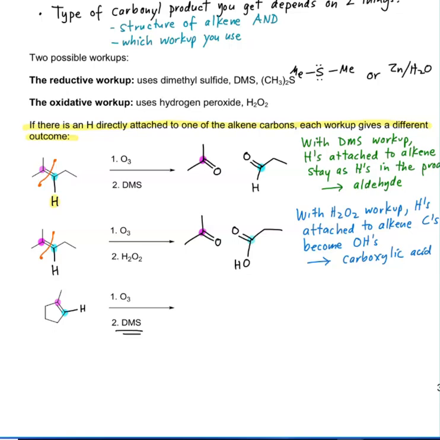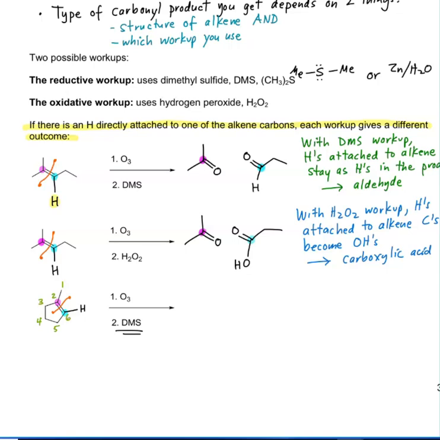Because we're using a DMS workup, remember that means that hydrogen is just going to stay as a hydrogen. That bond is not going to get oxidized up to an O. So same thing happens. The alkene is going to get broken, and each of the carbons in it will be oxidized. So to draw the product, let's put some numbers on our carbon atoms, like so.